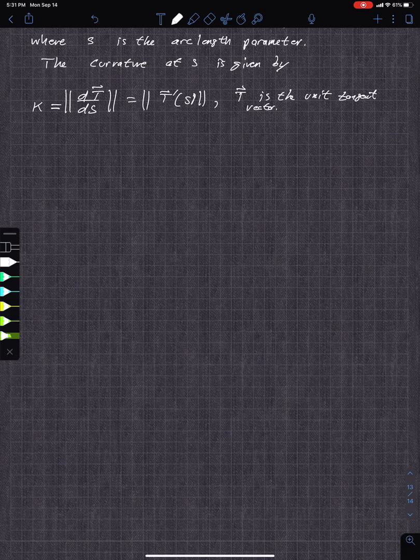Okay, so what this does basically is measure how sharply a curve bends.